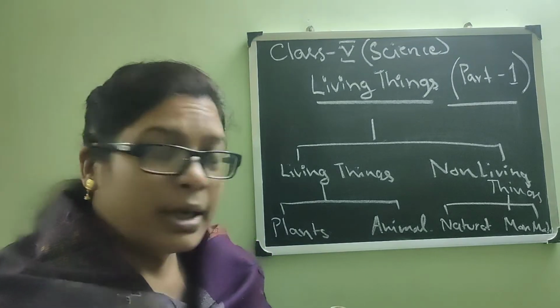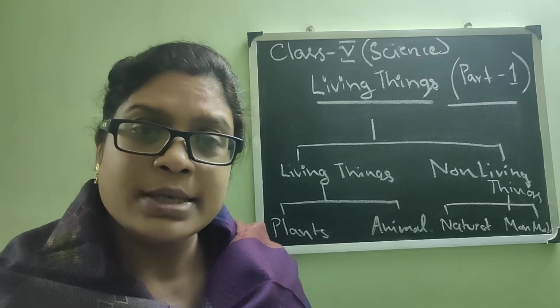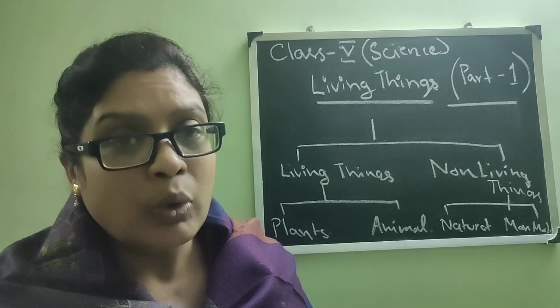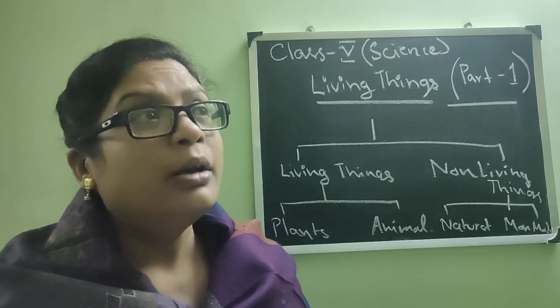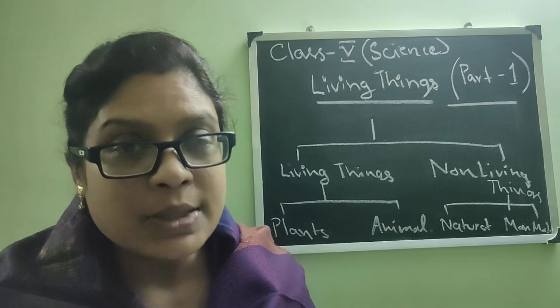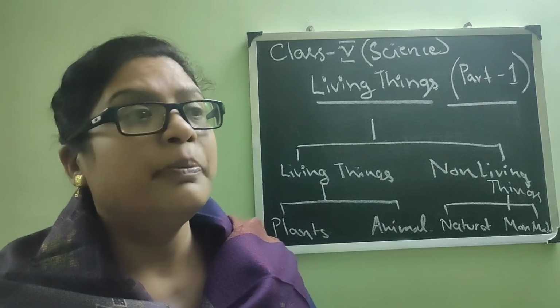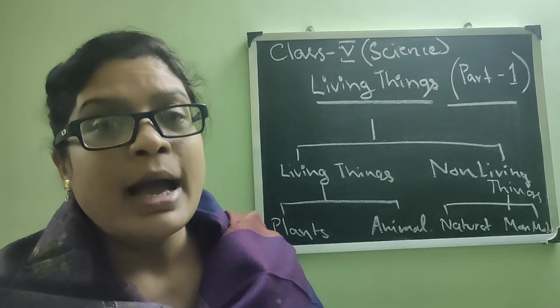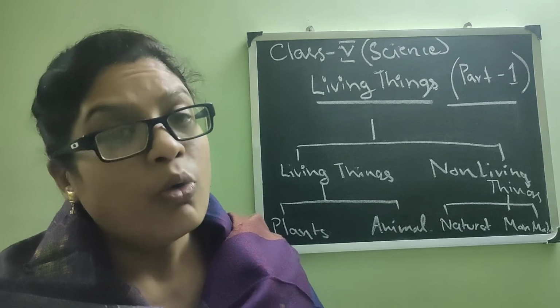And the examples of man-made non-living things are what we are using: chair, table, chalk, duster, books, bag, isn't it? Now how we are building houses for living, isn't it? The animals, they are making their own nests and their own shelter for their own purpose.